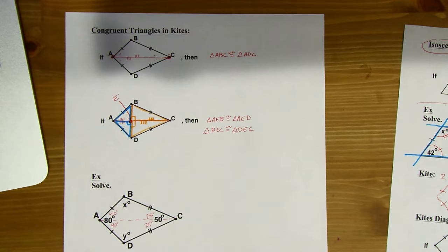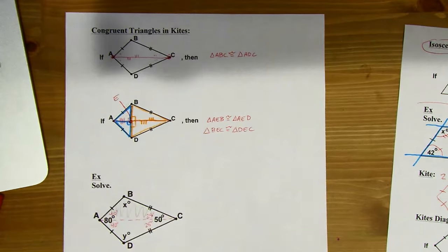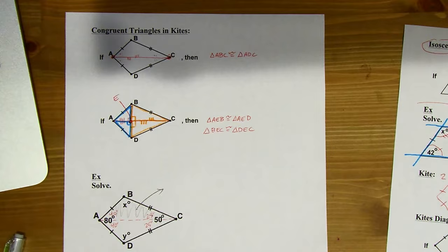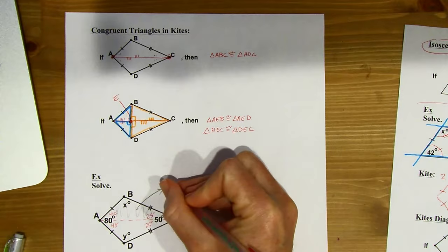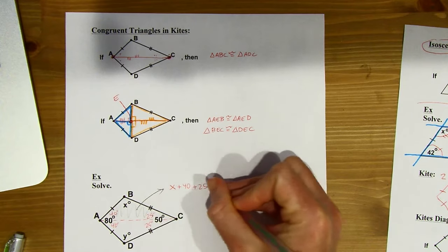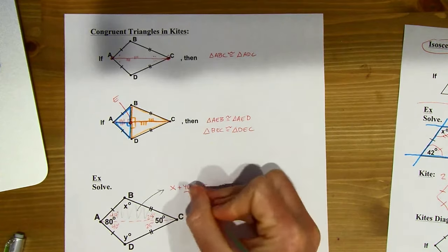But it does work like this, and that's super useful because now all I have to do is take this top triangle here, and I can solve for x really quickly. So x plus 40 plus 25 is going to equal 180, triangle angle sum theorem, right? Combine those like terms.